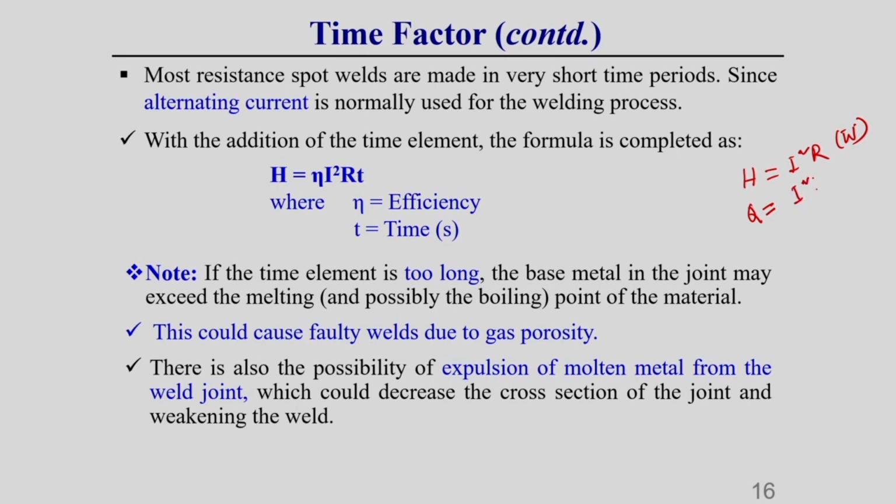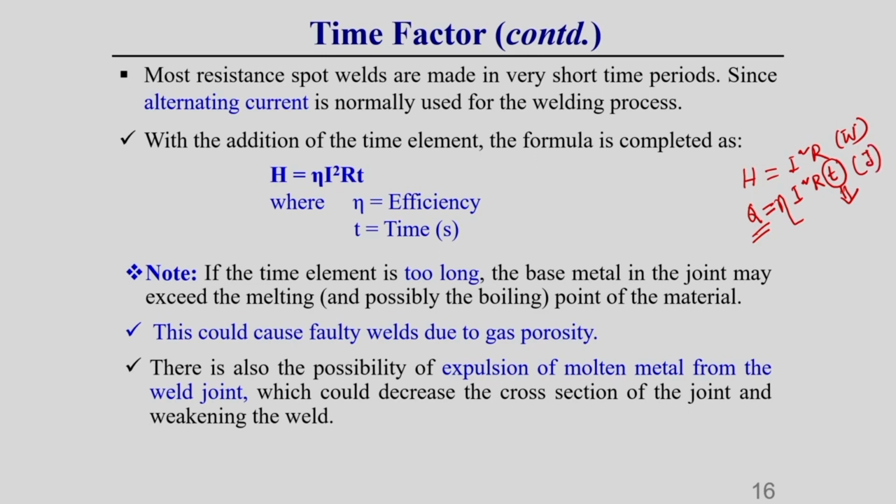So, I square R into time, because you know power into time is energy. So this time is a very important factor here. If you incorporate the efficiency of the welding process, an efficiency term comes in. So heat energy is equal to eta I square R T, where the time factor is coming in, whose unit is joule.